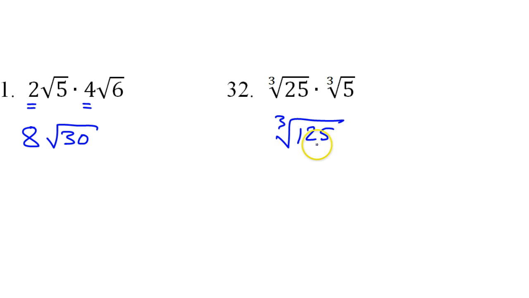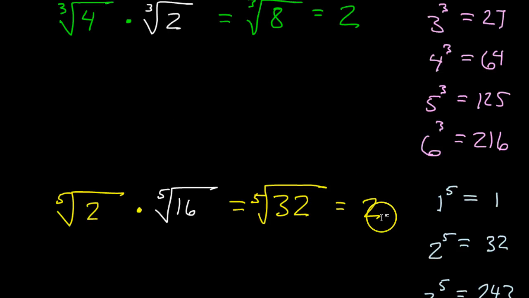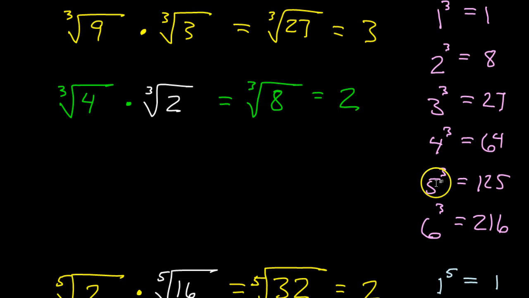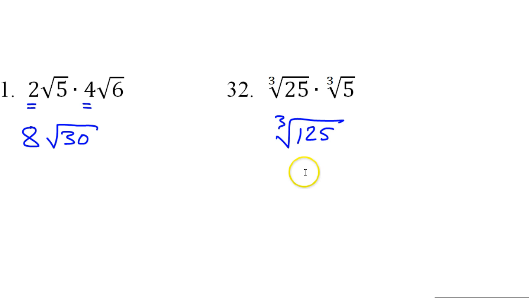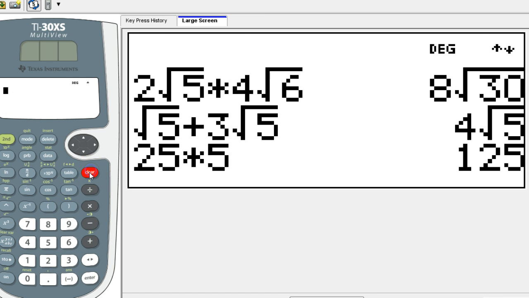Now, this one comes out evenly. I remember it from when we were doing this before. 5 to the third power is 125. So the cube root of 125 is 5. Okay, so as long as it comes out evenly, the calculator could be helpful.